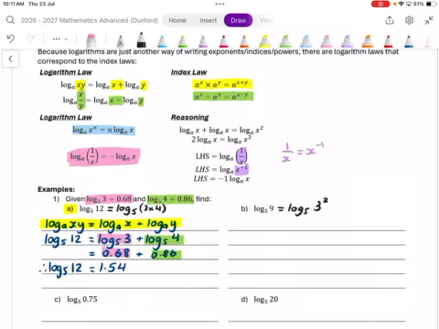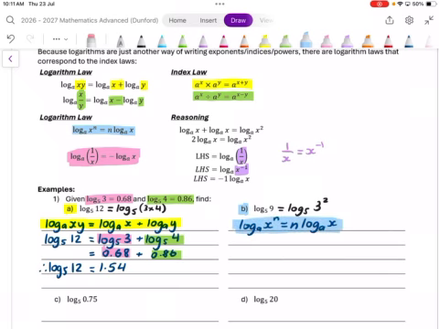So which law are we going to use? Our blue law. So what we have is that log base a of x to the power of n is equal to n log base a of x. That's the law that we're going to be using.